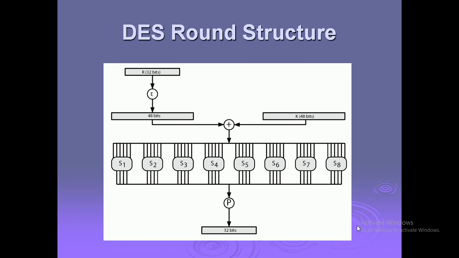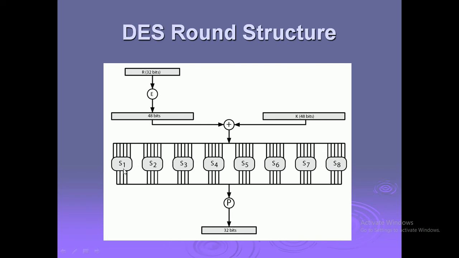In the DES round structure, the right 32 bits are input to a permutation E that converts them into 48 bits, and these 48 bits are XORed with the 48 bits of the key. The 48-bit output of the XOR is input to the 8 S boxes.